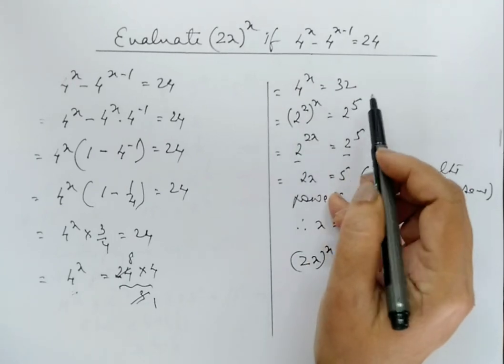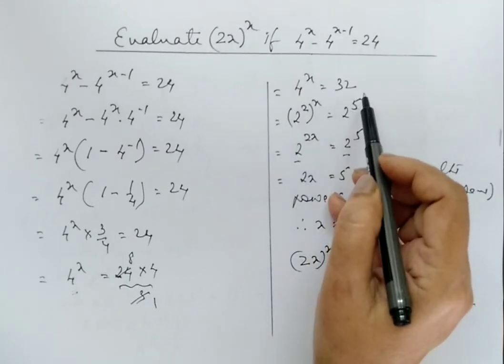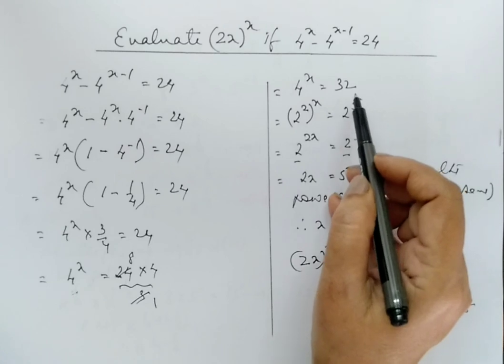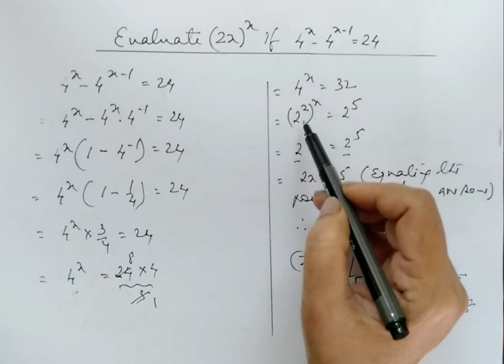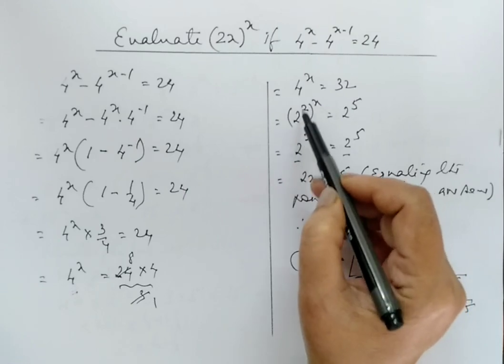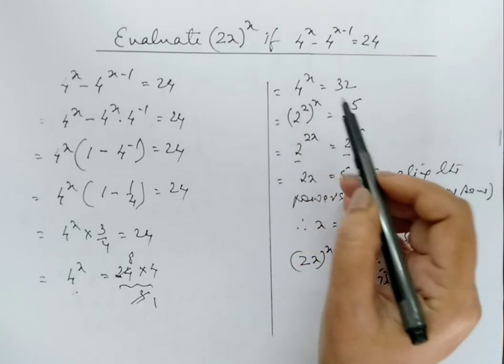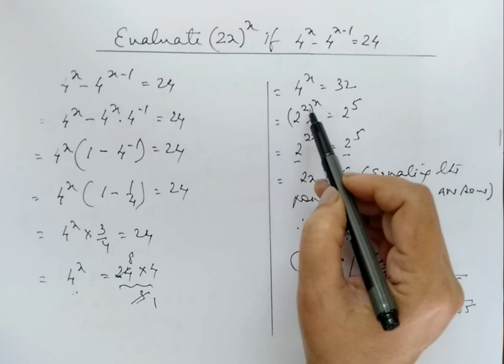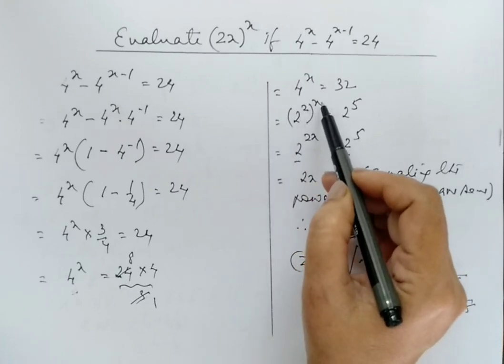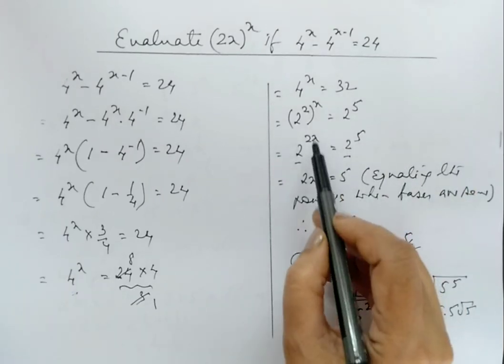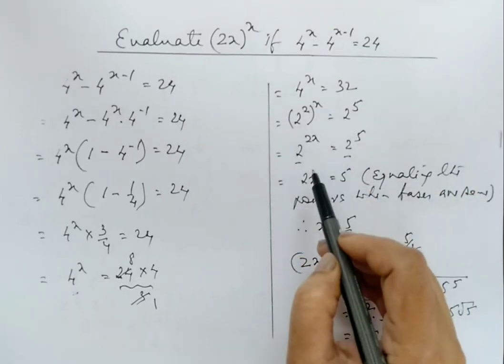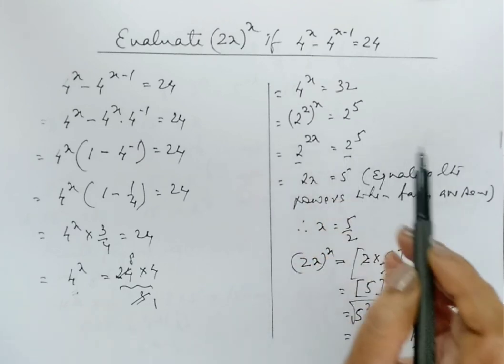Now 32 doesn't come as any power in terms of 4, so we need to make sure that this is converted in terms of 2. So 2 to the power 2, and an outside power is x here. Having done that, we multiply these two and we get 2 to the power 2x.